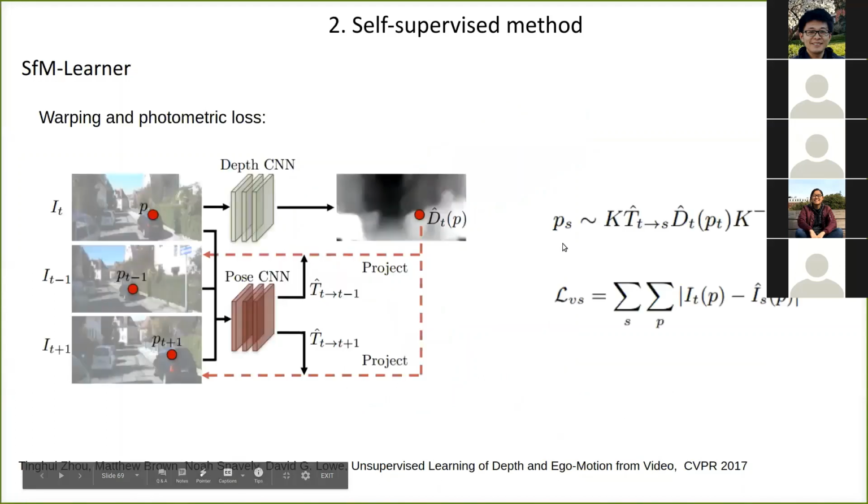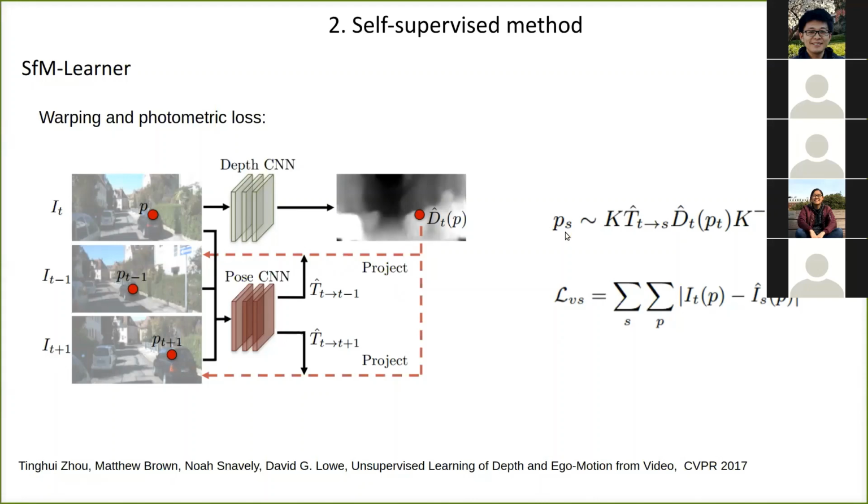Okay, so the key idea is actually very similar to what we talked about in the direct methods. So they use a pose CNN and a depth CNN to estimate the depth of a particular point, and then use these 2 camera poses to project into 2 different frames, I_{t-1} and I_{t+1}.